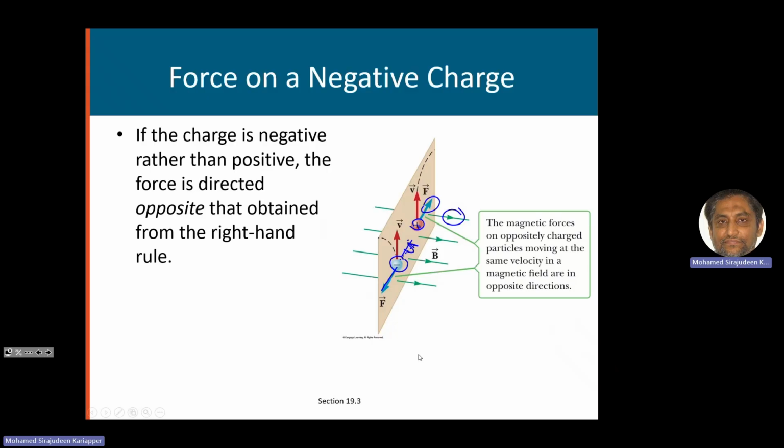So you got it, right? This is the velocity, and this is the magnetic field. So v cross B will be into the board, so the force F is into the board. That's what you are seeing, into the board. It's a positive charge, so you don't switch anything. But if it's a negative charge, into the board becomes out of the board.